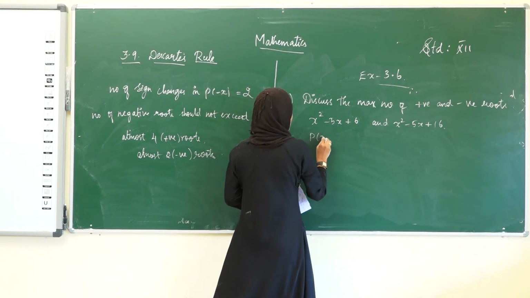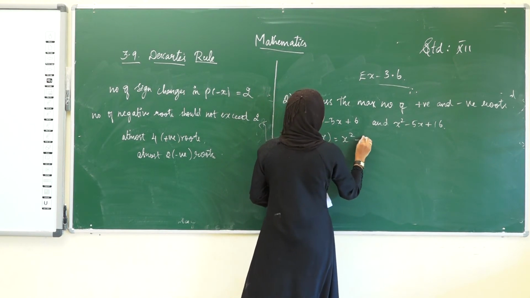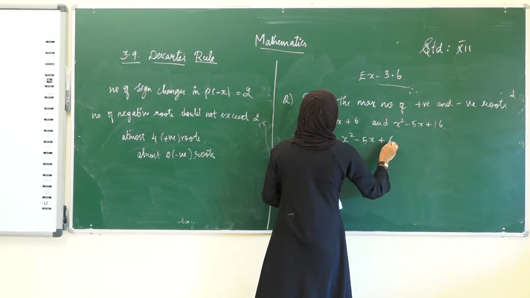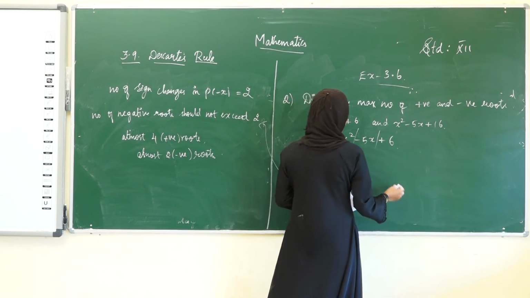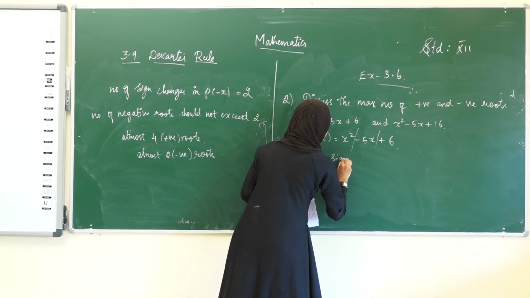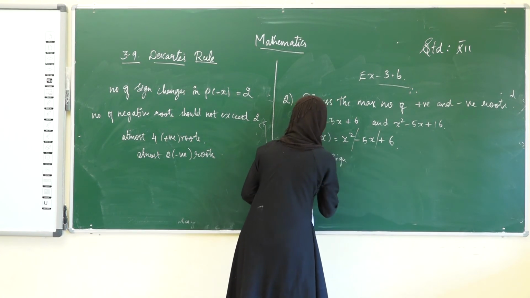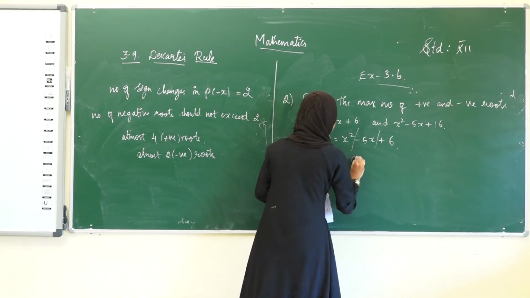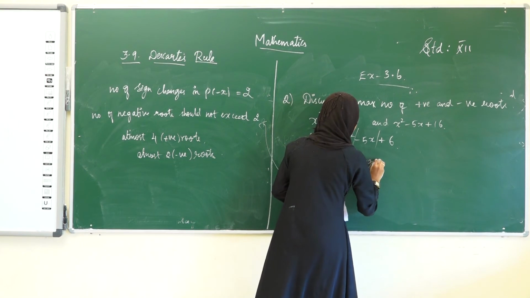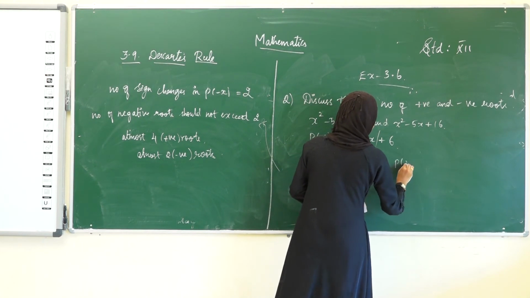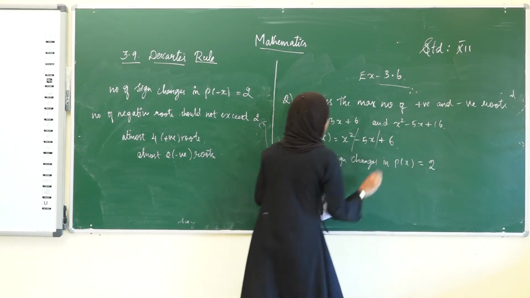Let us take this as p of x, x^2 minus 5x plus 6. Then the sign changes: here it is 1 and here it is 2. The number of sign changes in p of x is equal to 2.